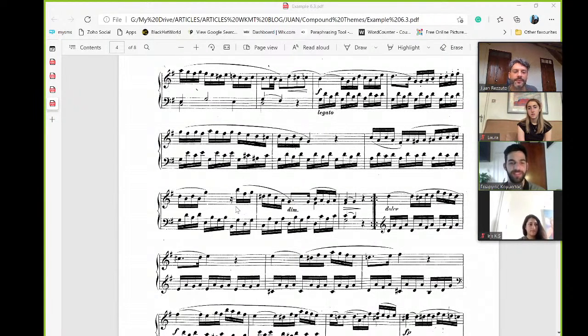Where? That bar you're pointing at? Yes, your mouse. The left hand. So re, si, re, mi, si, sol, si. But just what? That never happens. Why does he do that? In terms of the syntax, you mean? We are nitpicking now, talking about the details, but it's like parallel fifths.